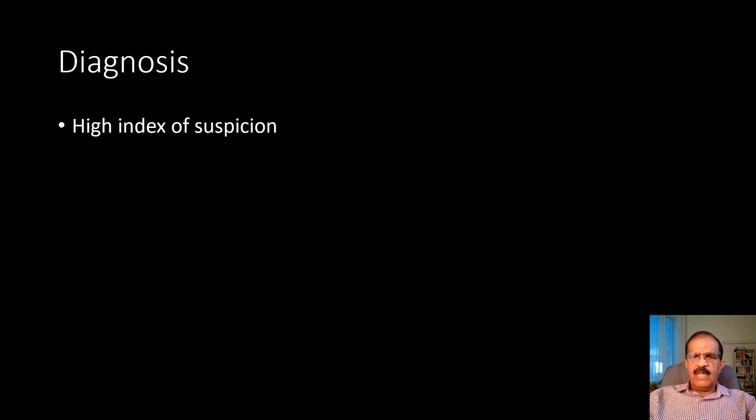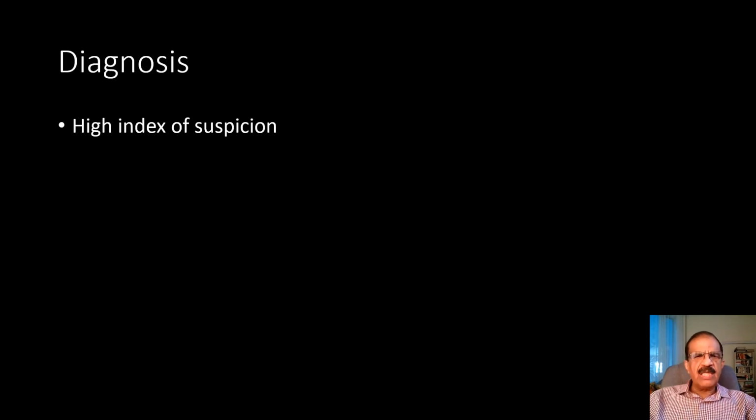Diagnosis. First of all, in any disease, you need to keep your index of suspicion high. You need to know that this condition exists, and only then can you figure it out. So, out of many other possibilities, especially in children, if you see somebody who is not growing properly in height, you need to suspect hypopituitarism.